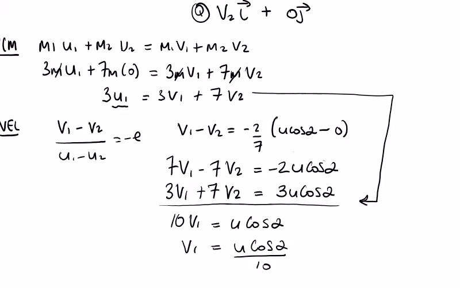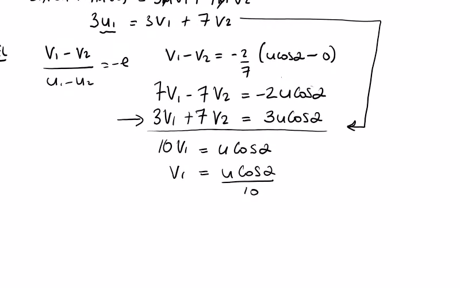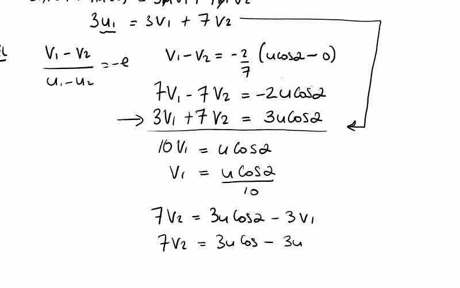Now what's V2 equal to? We don't have V2 on its own. We have 7V2, but I could use this one. 7V2 is equal to 3U cos alpha minus 3V1. So 7V2 is equal to 3U cos alpha minus 3U cos alpha over 10.